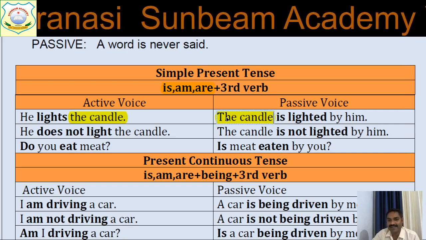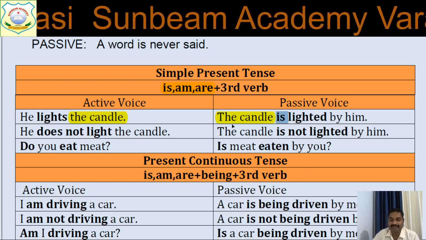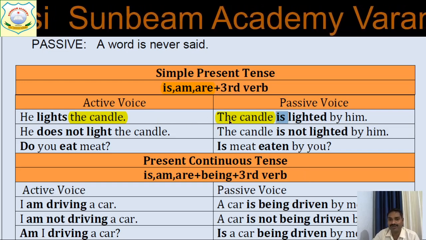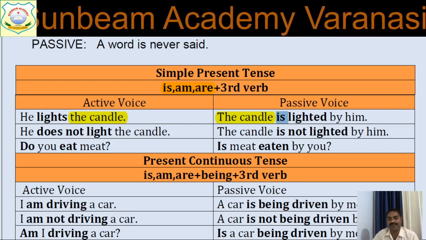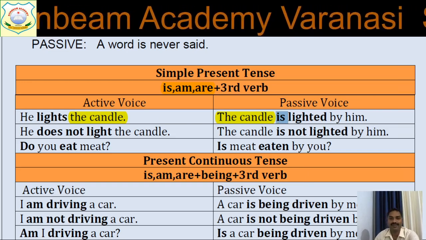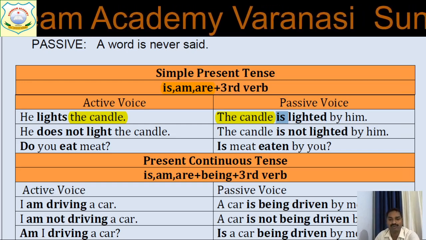If the subject is in singular form, you will use is. And if it is I, you will use am, because am is the verb which you only use with I. There is no other subject which is used with am.